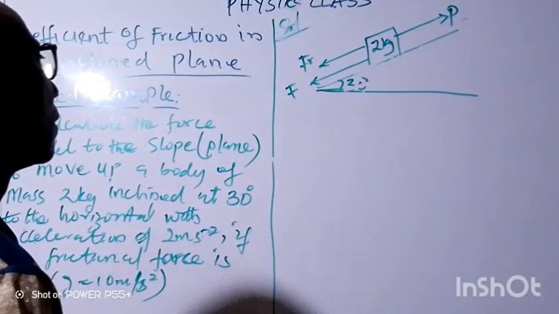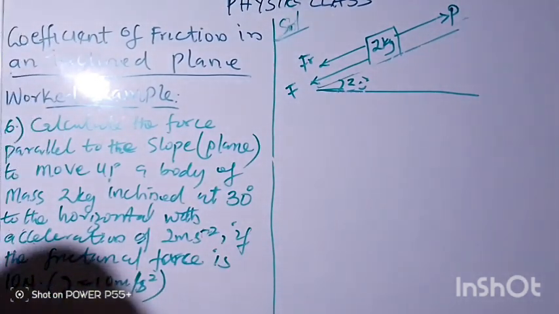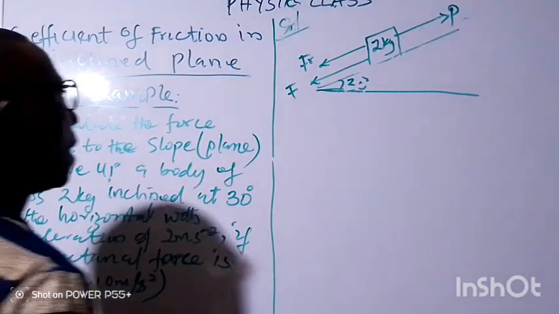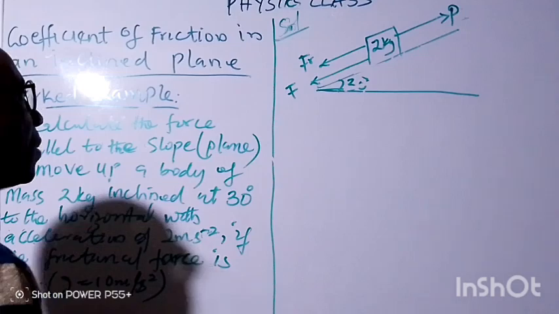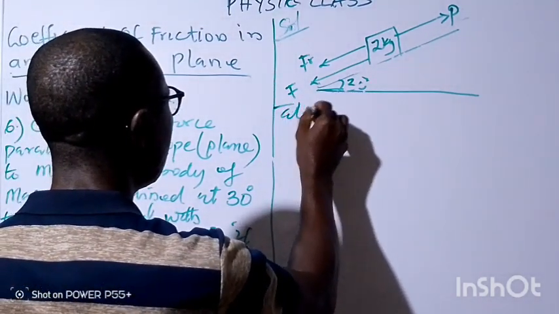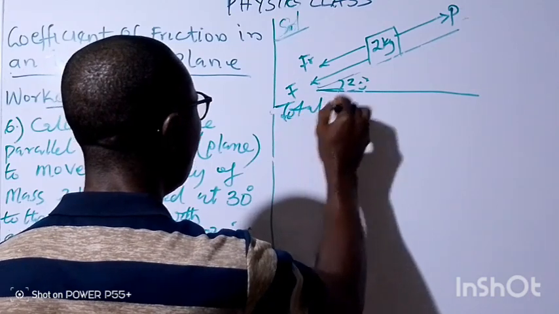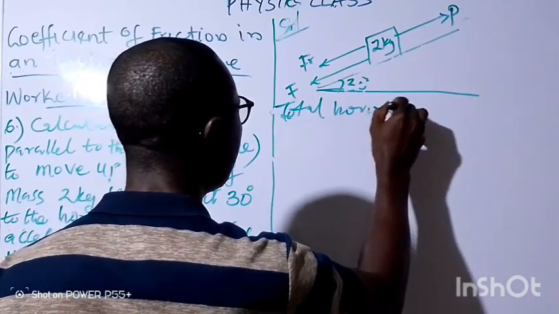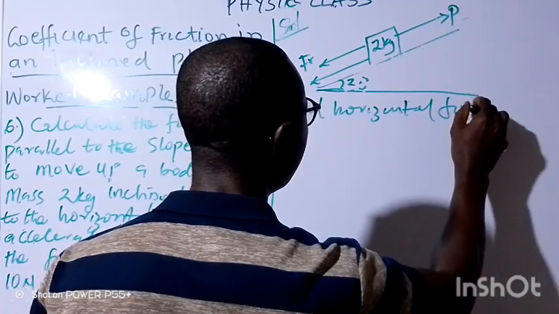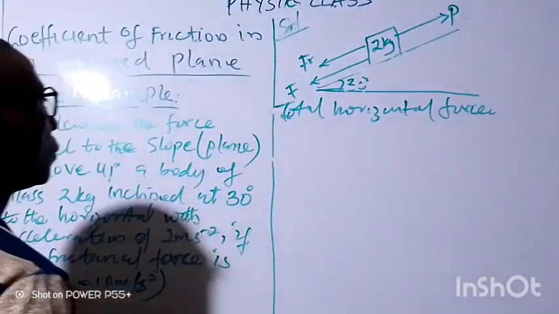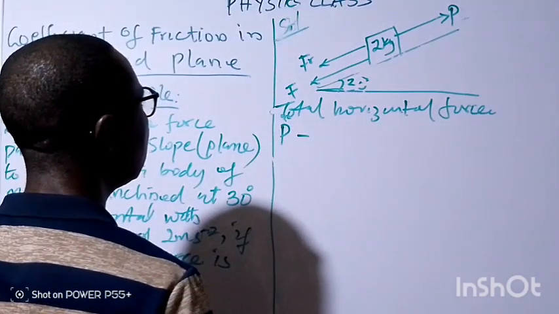So to put this into equation now, the total horizontal force will be equal to P minus this one and this one in the same direction.